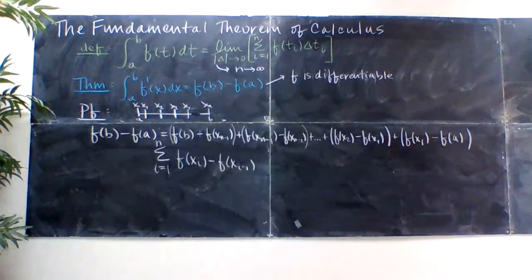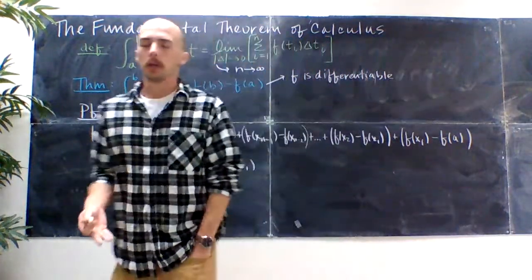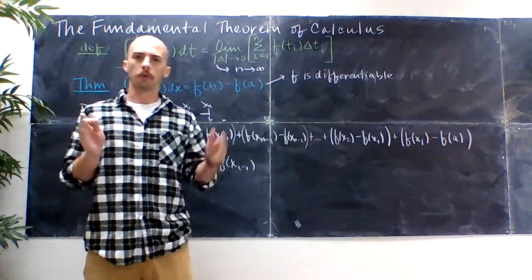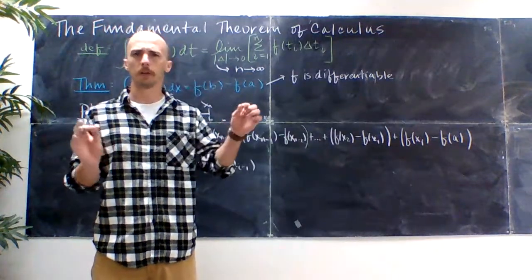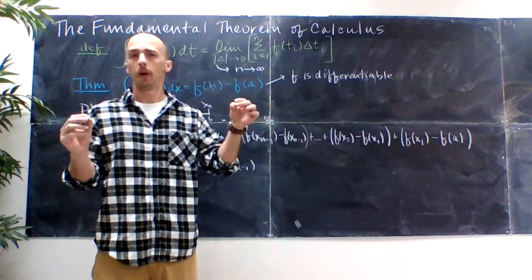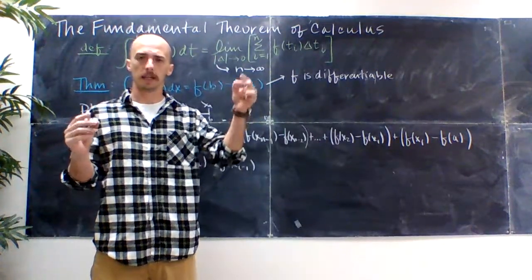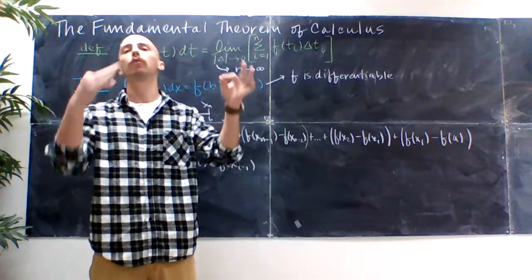All right, and then here's where I'm going to apply the mean value theorem. I need to remind you that if a function is differentiable on a closed interval, well, I suppose on the open interval, there's going to be a place in the interior of the interval where the average rate of change, the slope between the 2 points, is the same as the instantaneous rate of change of the function.